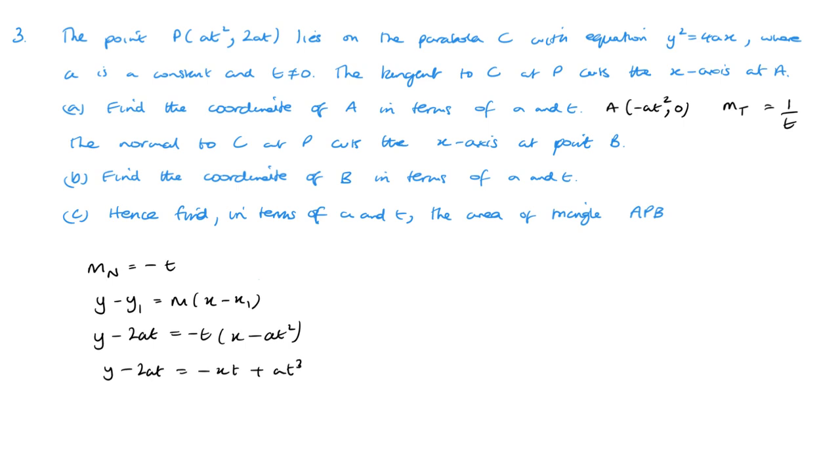Now, it hits the x-axis at coordinate B, so when y equals 0, we get minus 2at equals minus xt plus at cubed. So xt equals 2at plus at cubed.